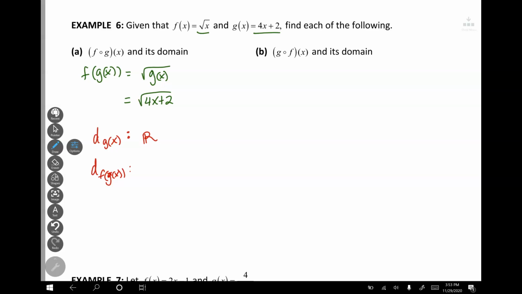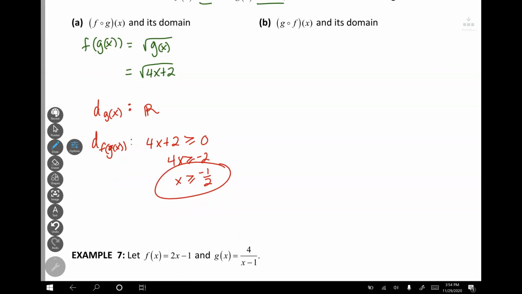Well, we have a radical, so we have to do 4x plus 2 has to be greater than or equal to 0. So subtract the 2, divide by 4. That's negative 1/2. So x has to be greater than or equal to negative 1/2. We'll write that in interval notation.